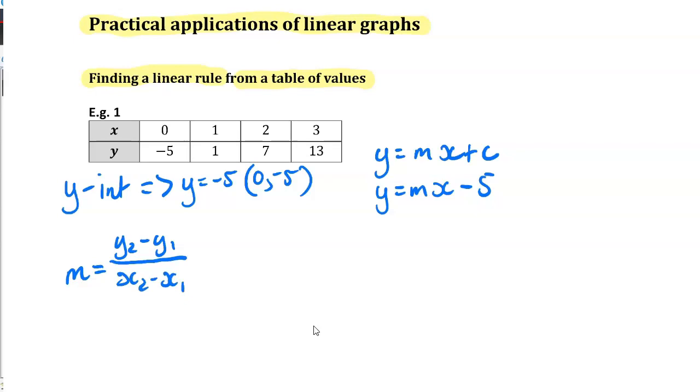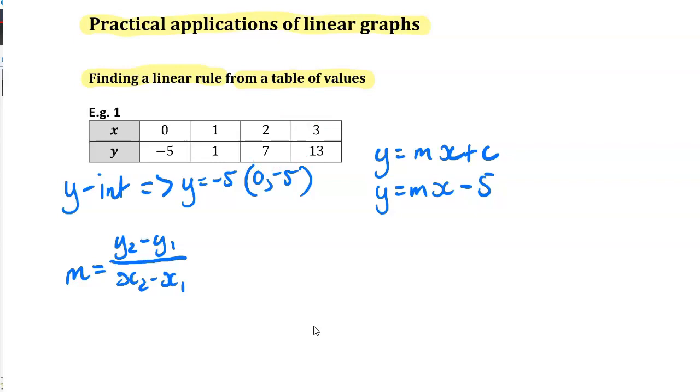Now, a lot of you have probably already guessed the gradient because the x is rising by only one unit each time, and you can see that the y is going up by 6 each time, isn't it? As x is going up by 1, y is going up by 6.